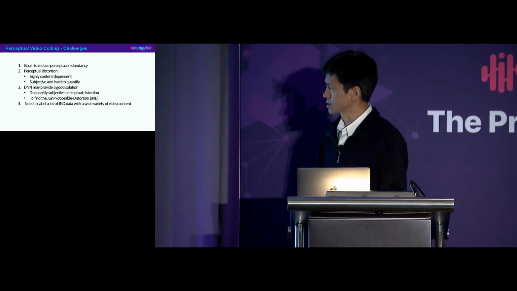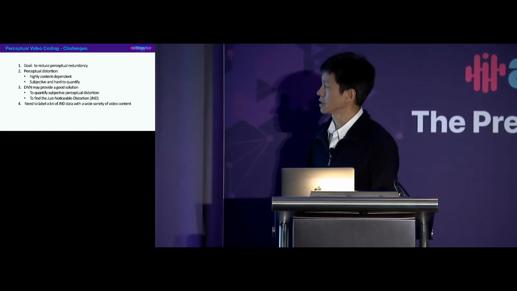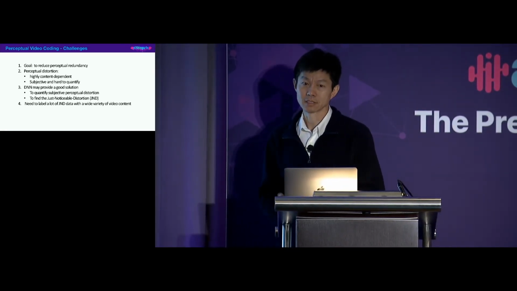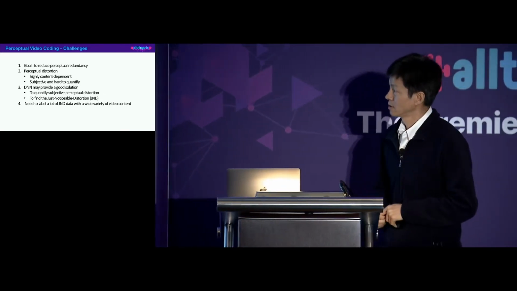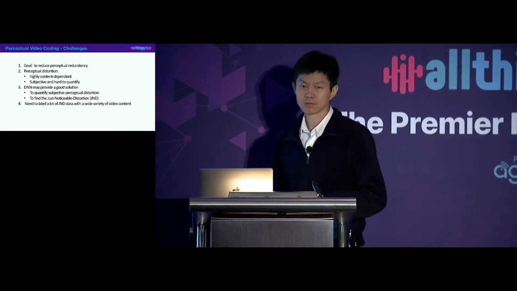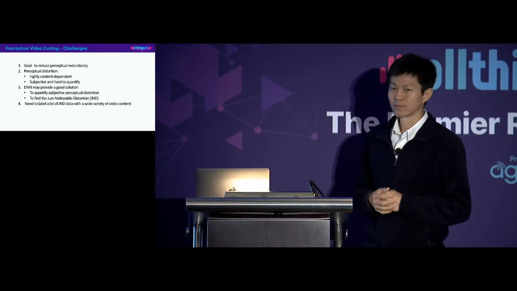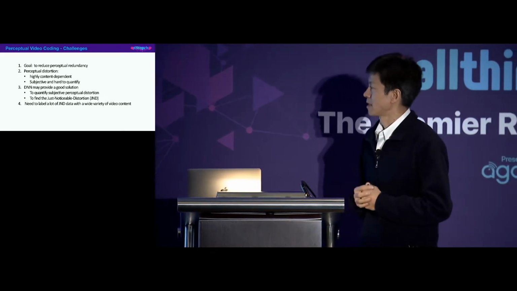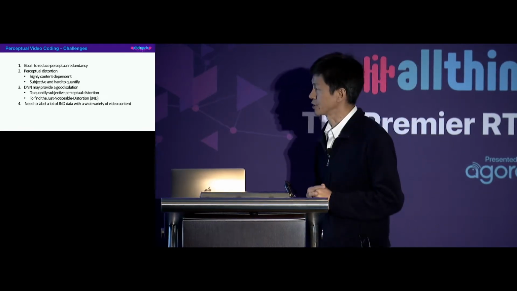The perceptual distortion is highly content dependent, very hard to quantify, and also highly subjective. So a neural network may provide a very good solution on this, like human visual-based properties to quantify the subjective perceptual distortion.